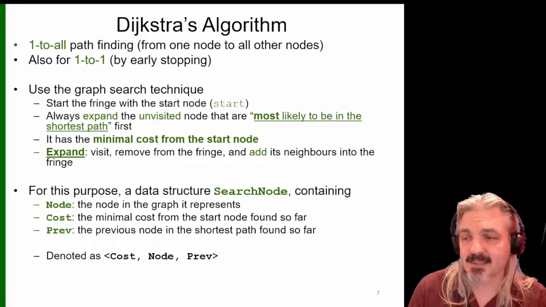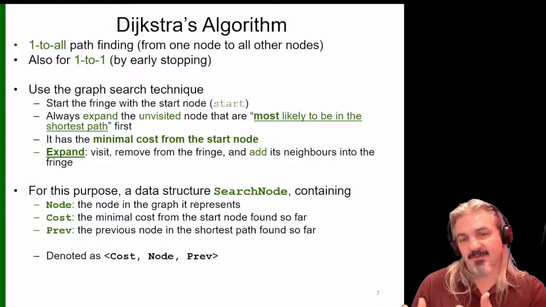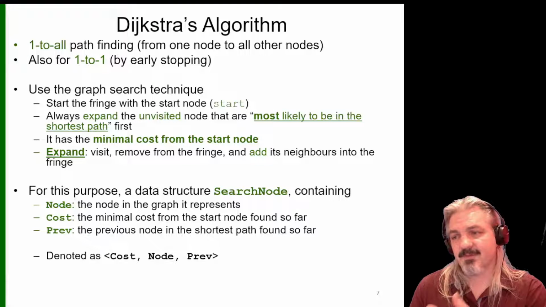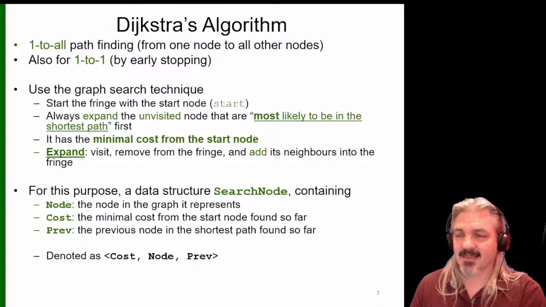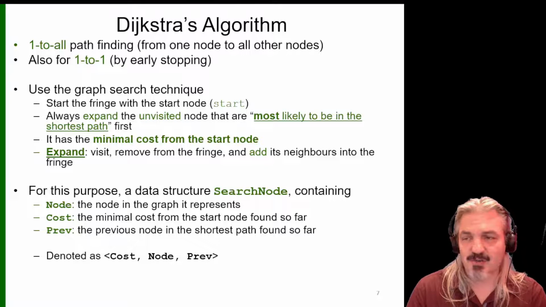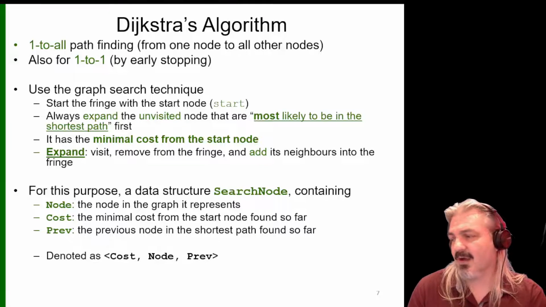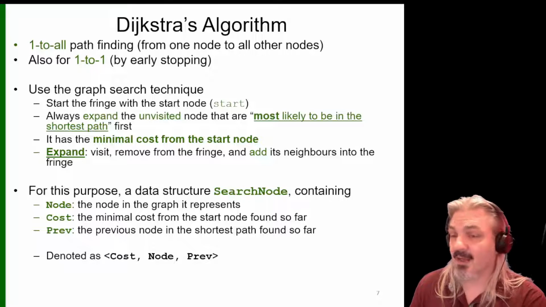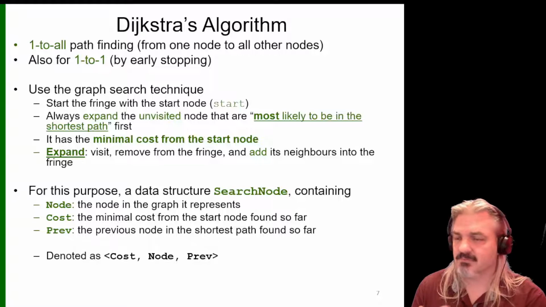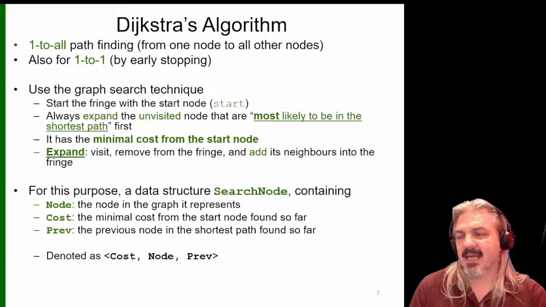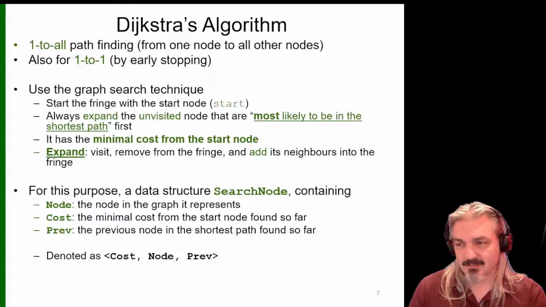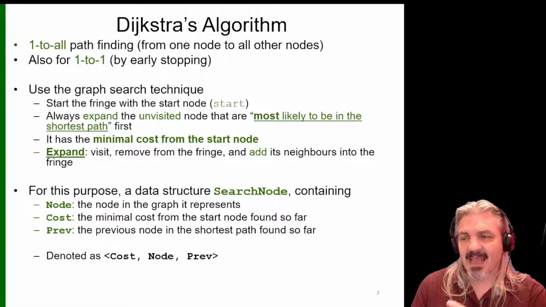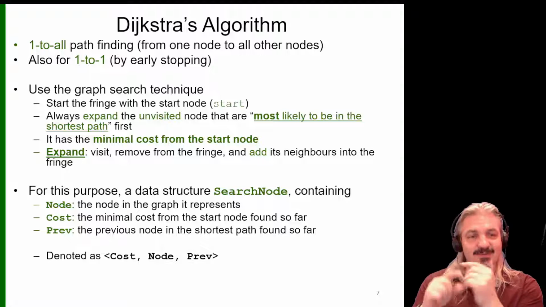Now this requires, if we're going to actually find a path through it, a data structure called a search node. In my code, I've called it a path node, search node, path node, similar concepts, containing the node, the cost, and who was your previous. So where did you come from?